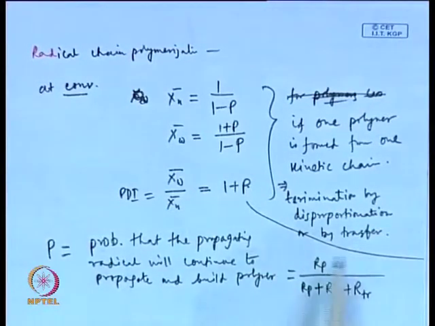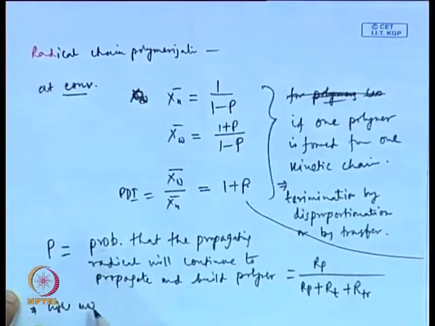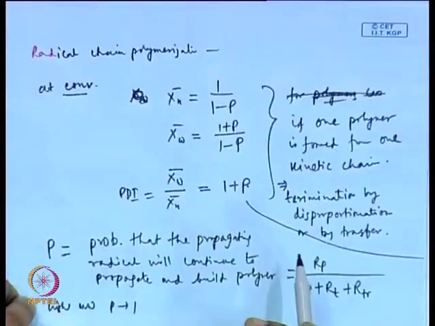Now, in case of high molecular weight polymers, the probability of propagation is higher, because that is why it is propagating. P tends to 1, because it is making high molecular weight polymer, that means it is undergoing propagation many more times than terminating or transfer reactions, which means probability is close to 1.